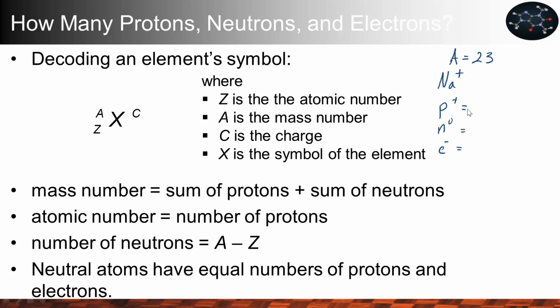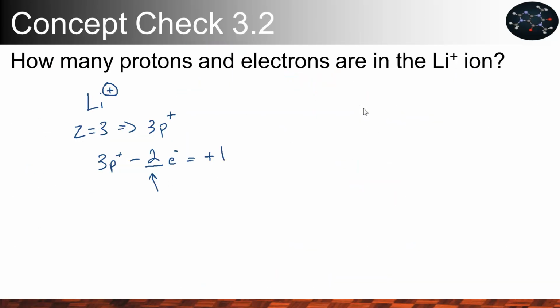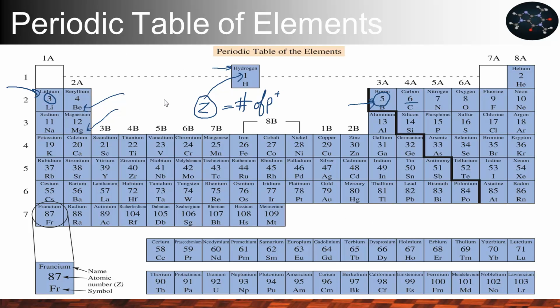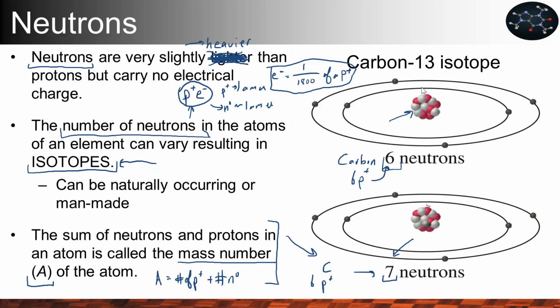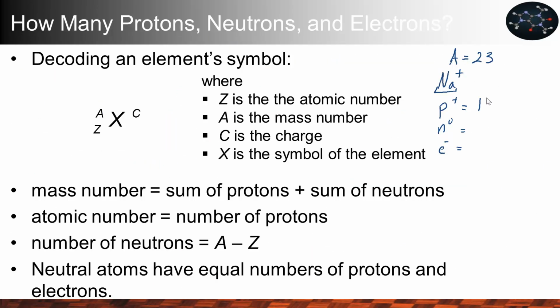Okay? So we can puzzle this out. First of all, we go, okay, sodium. That's easy. I go back to my periodic table. Find sodium, right over here. See that the number that corresponds to its atomic number is 11. Number of protons, 11. Easy.